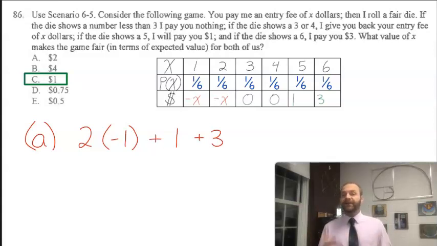So that's why I said the roll 5 and the roll 6 are the ones that cause the most problems, because people forget, though you're getting paid $3, you actually paid x to play. So you have 3 minus x for what you're dealing with. You have 1 minus x if you roll a 5. So that's question 86.